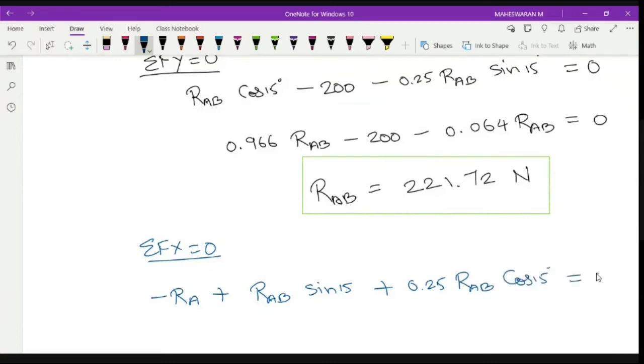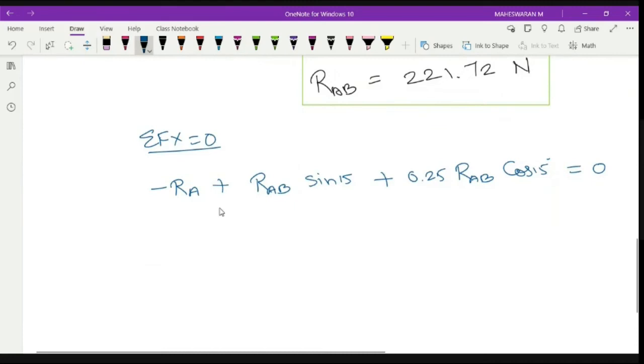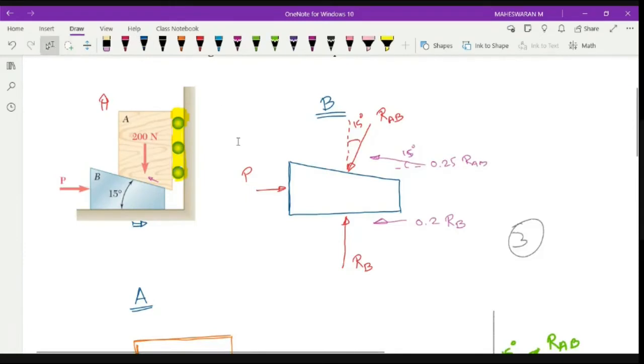So this is equal to 0. I can identify what my RA is, since I know the value of RAB. Just substitute it and find the value of RA. So I get 110.92 Newton.